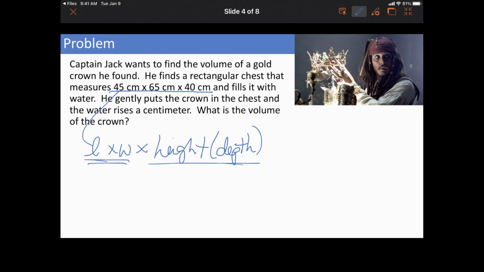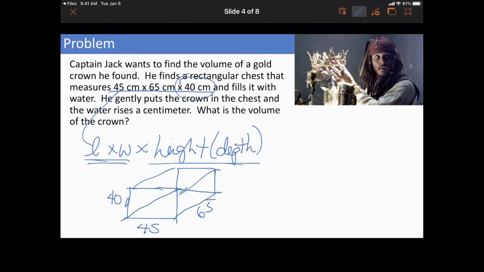So I'm going to draw a quick sketch of this. Okay, so 45, 65, and then 40. Okay, so here's our chest. And again, that last number that's always at the end, that's going to be the height or depth of it.